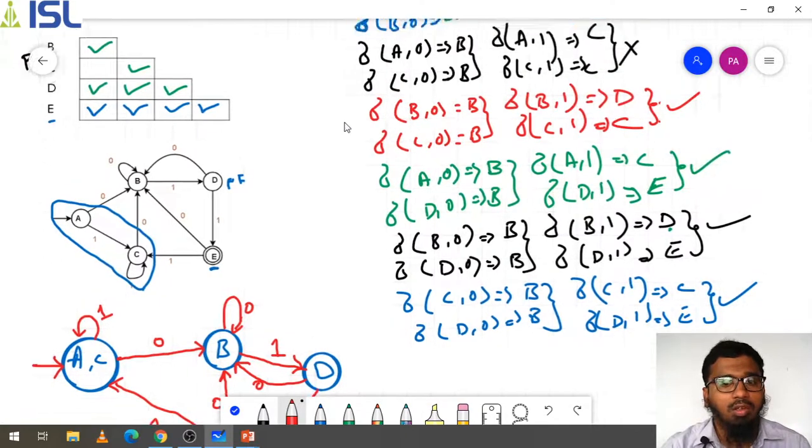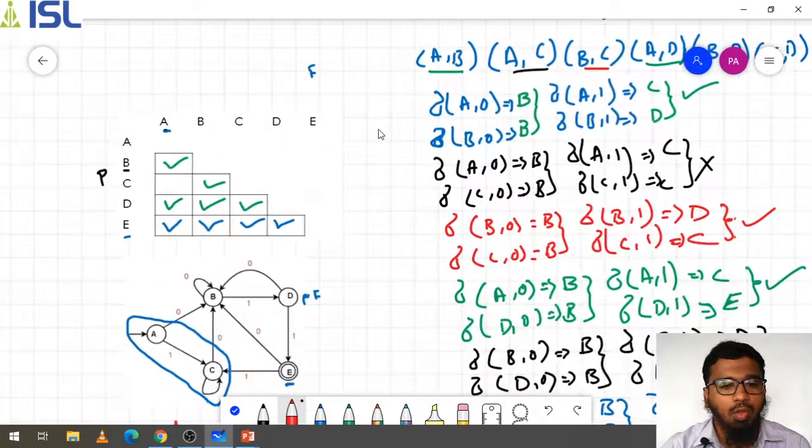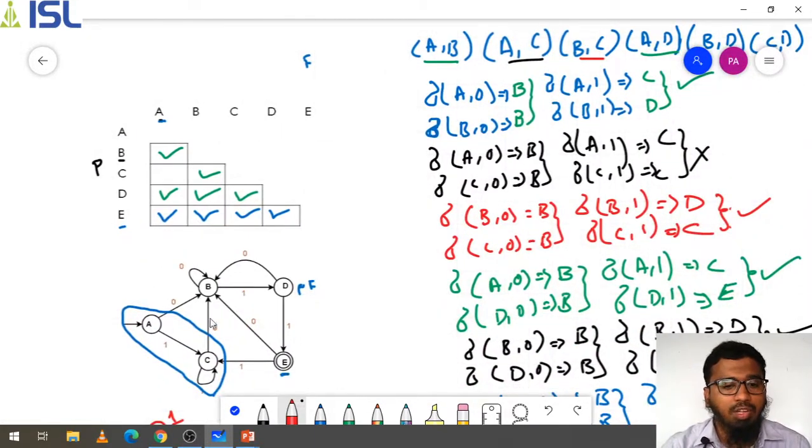Once again I will repeat this. This is a graph. Based on this graph, we mark the tick. Can you see the blue tick? Blue tick means we got the result directly from this graph.